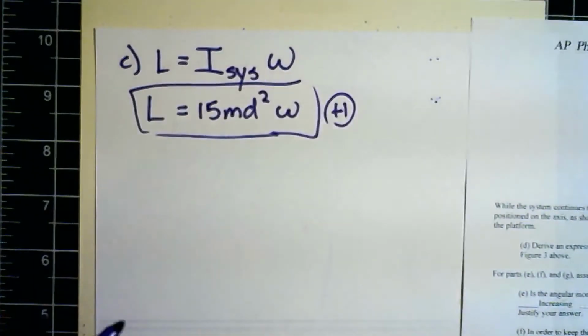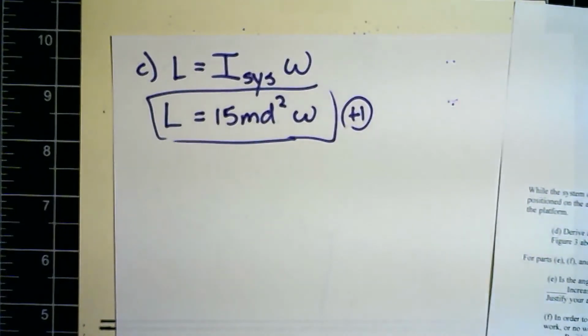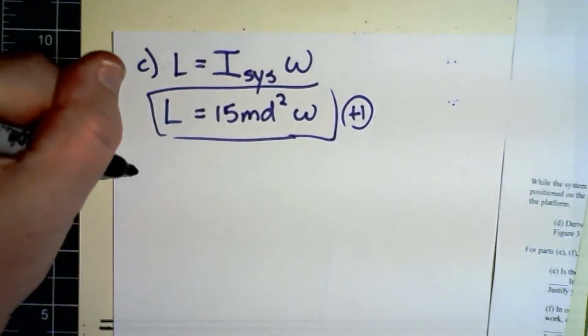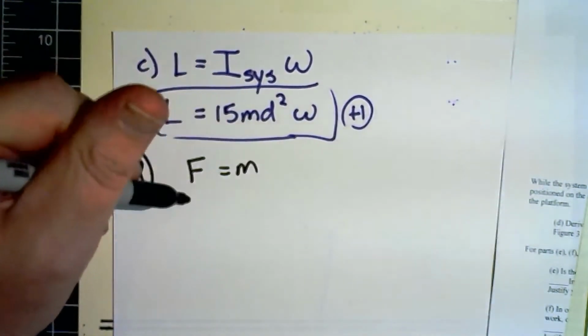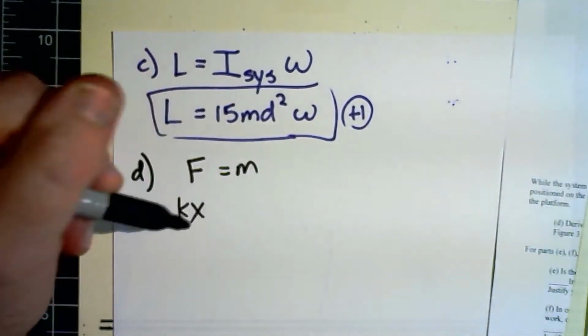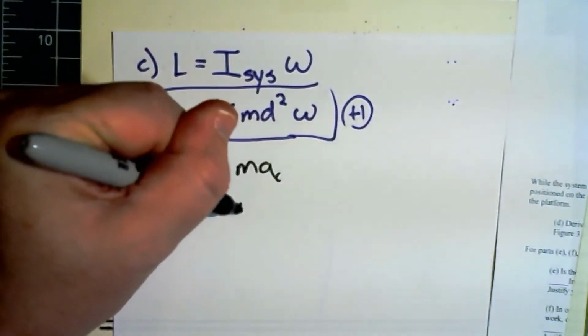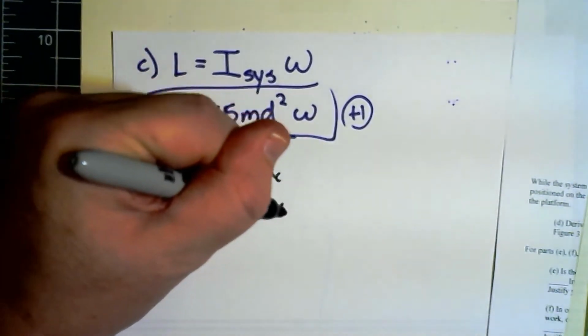Okay, so for part D, we need to set this up using the spring force again, just like we did in the very first part. So I'm going to use F equals ma once again. My force is the spring force, kx. My acceleration is a centripetal acceleration, so m r omega squared.